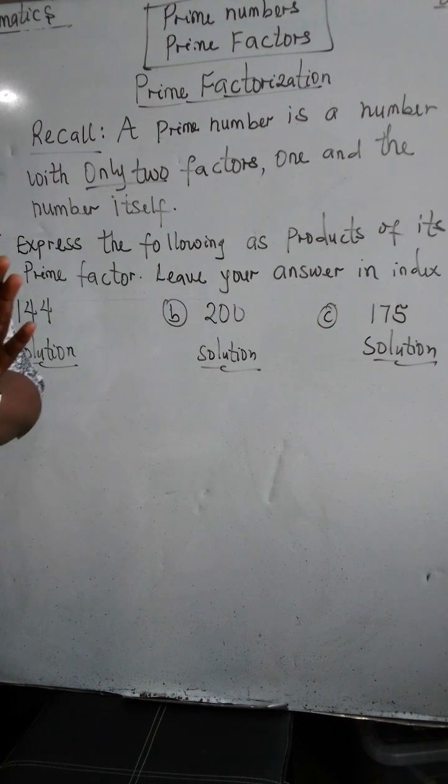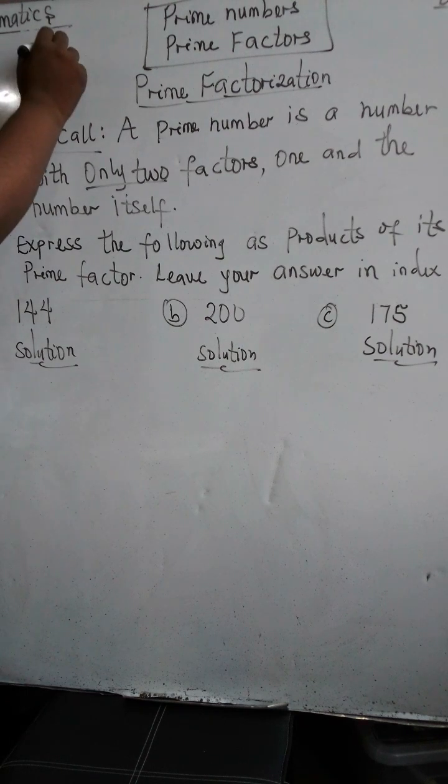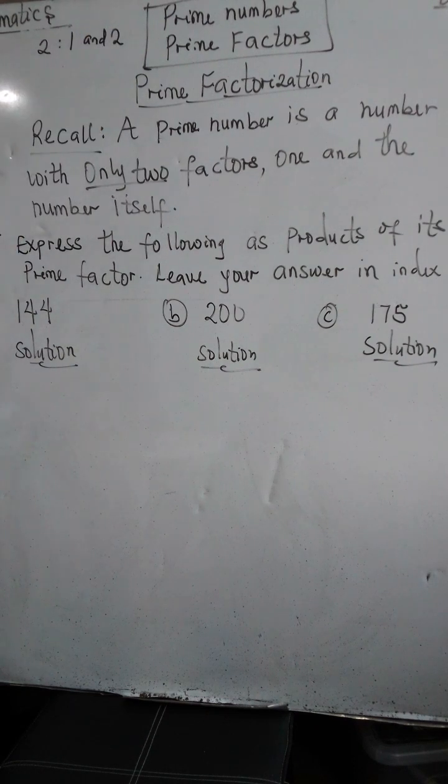Do you understand that? So if you recall, I mentioned some numbers. I said 2. Look at the number 2. 2 is a prime number because the factors of 2 will just have 1 and 2 itself, right?